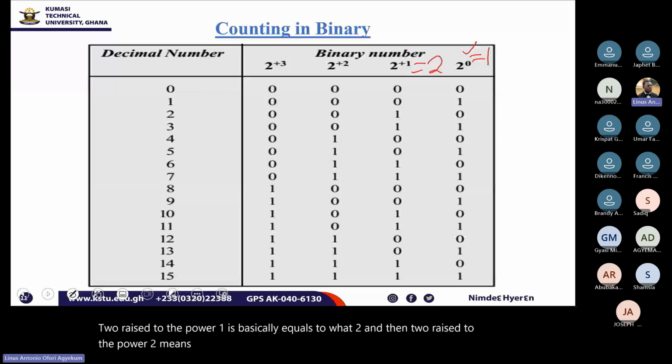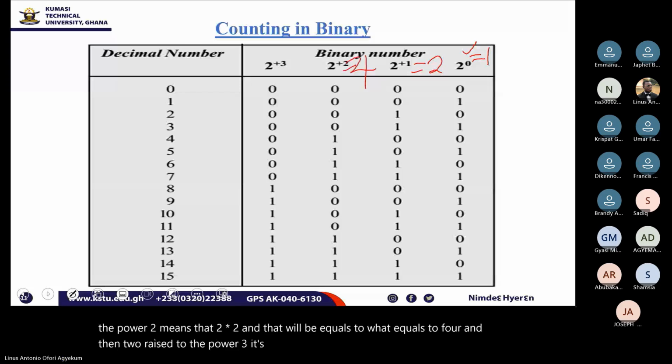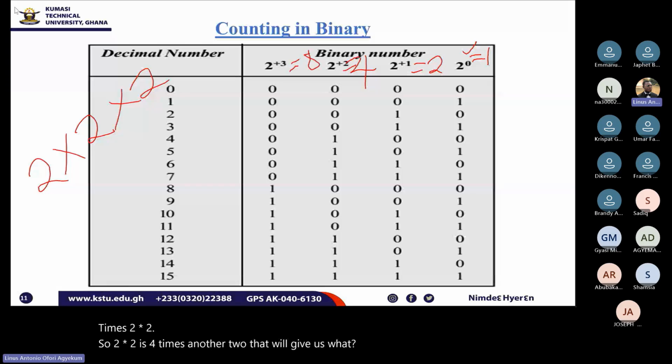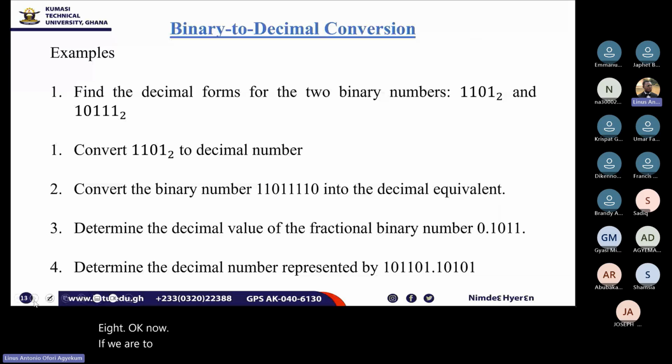And then 2 raised to the power 3 is basically 2 times 2 times 2. So 2 times 2 is 4 times another 2. That will give us what? 8.